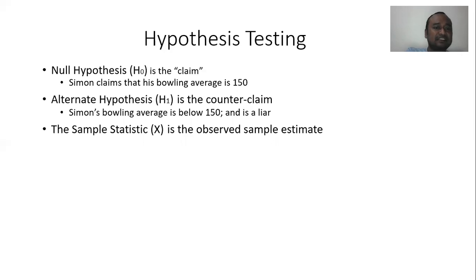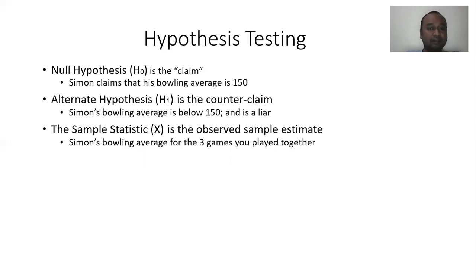The third step is we define the sample statistic. It is denoted by X. It is the observed sample estimate. From the example, Simon's bowling average for the 3 games you played together is the sample statistic.